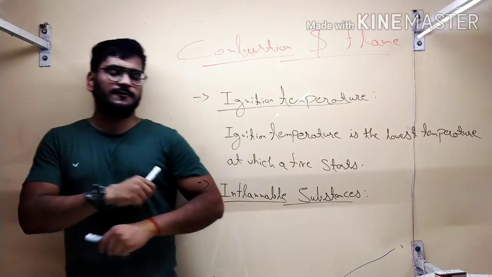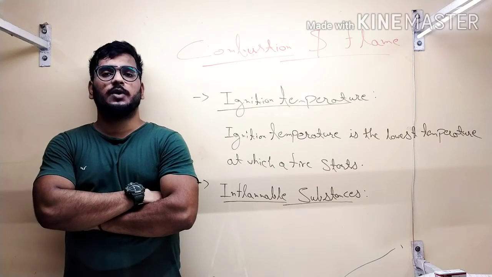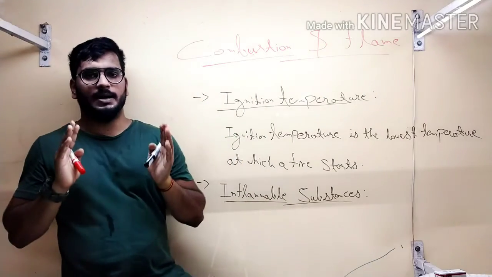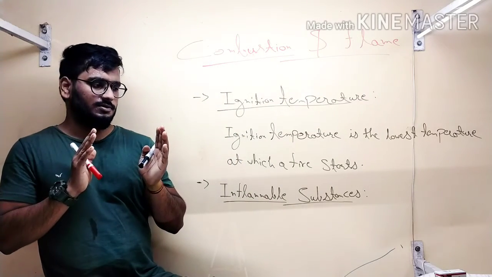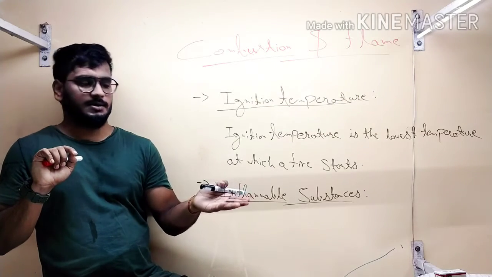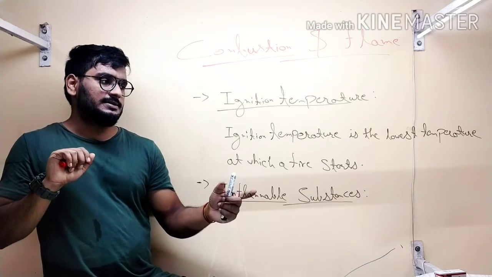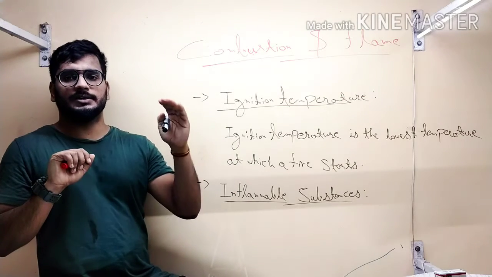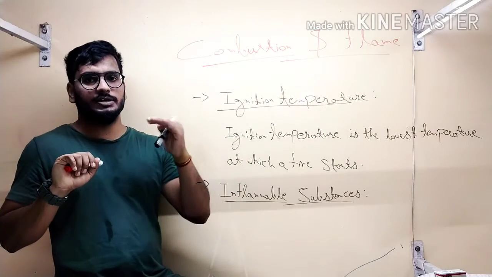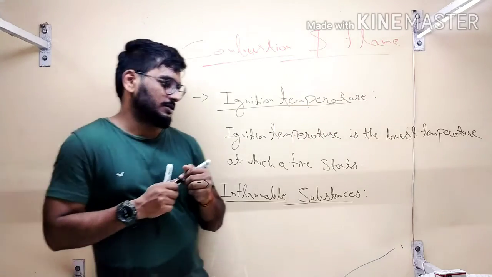Inflammable substances are those substances which do not require flame to burn. It means these substances have very low ignition temperature and catch fire easily. Okay, so note the definition.